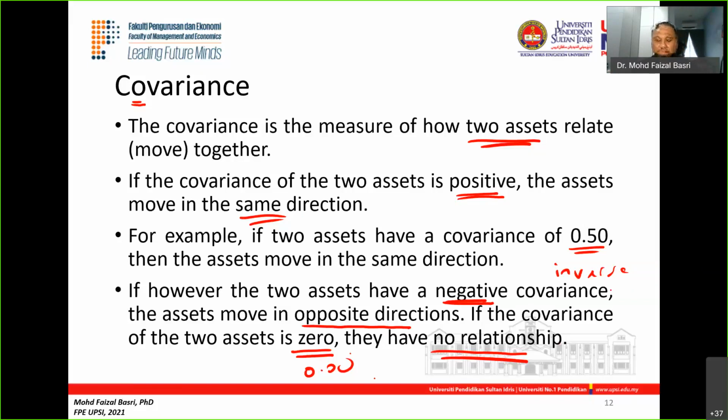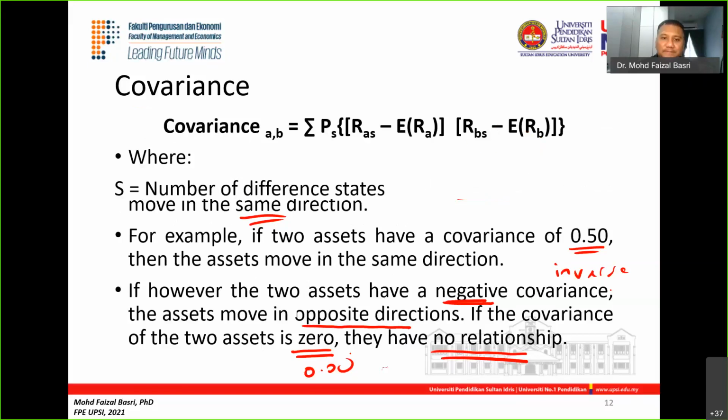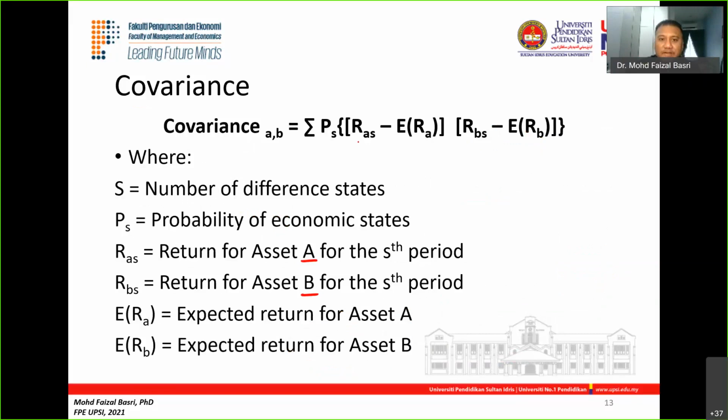So to calculate the covariance, obviously, earlier with the variance, we just had one asset A, for example. But for this covariance, we need at least two; most of the time, we have two, asset A and asset B. The first bracket refers to the first asset, and the second bracket refers to the second asset. If you look at this formula closely, it's pretty much like the variance formula.